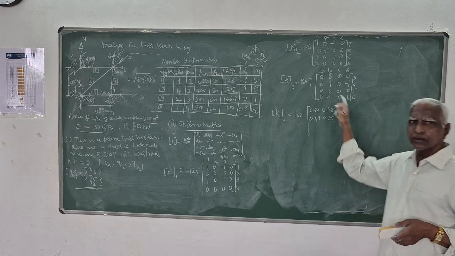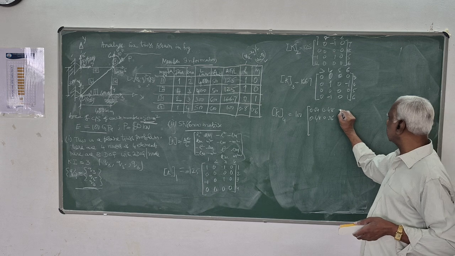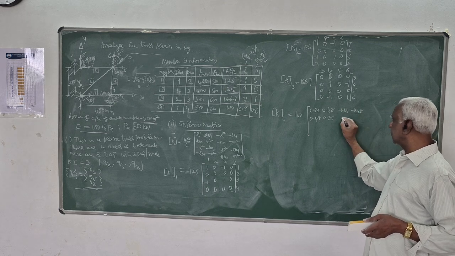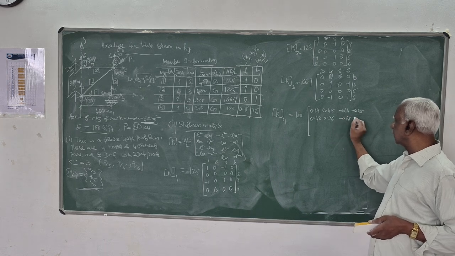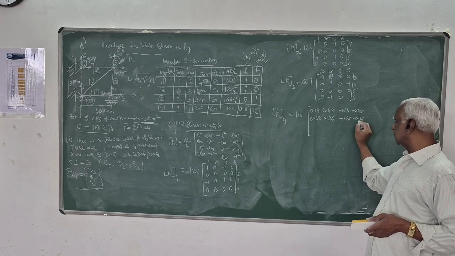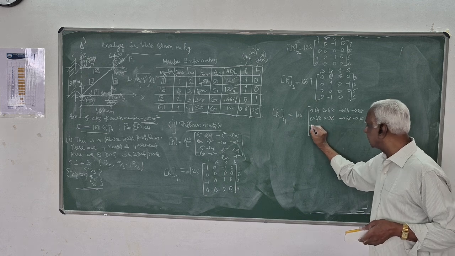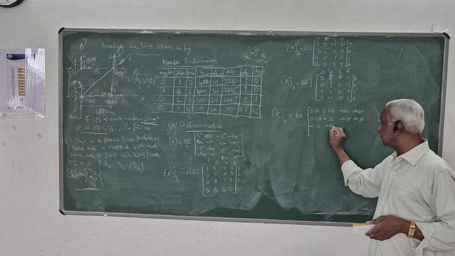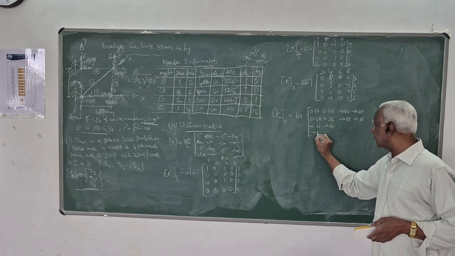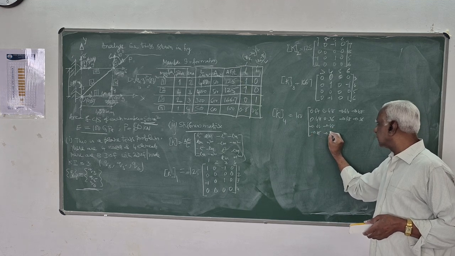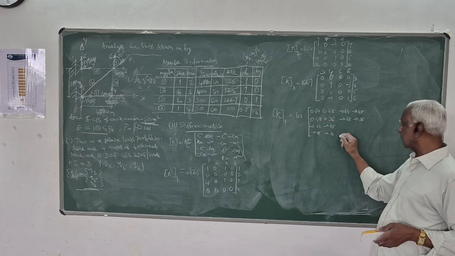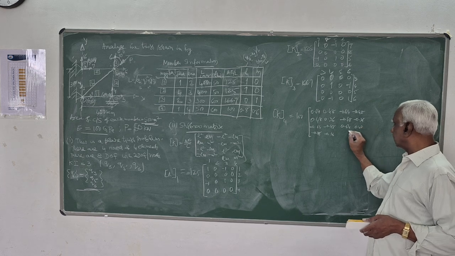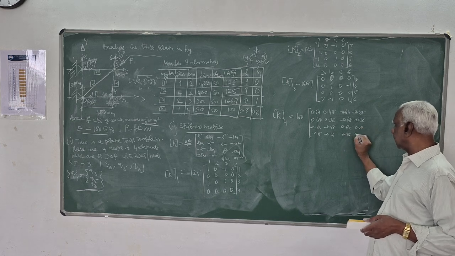First 4 elements, write it, change its sign, that is this, minus 0.64, minus 0.48, minus 0.48, minus 0.36. Here also same thing you write. Here same as this, 0.64, 0.48, 0.48, 0.36.